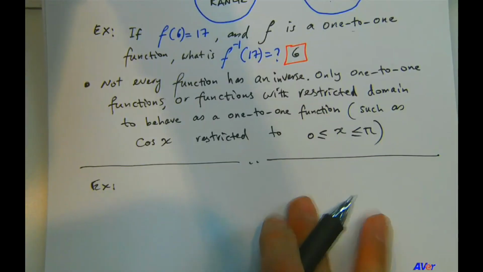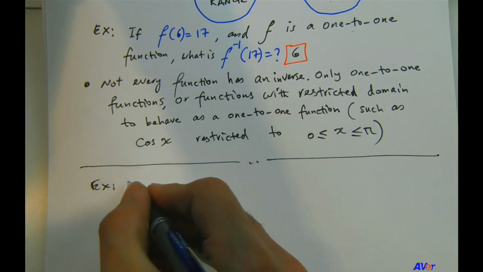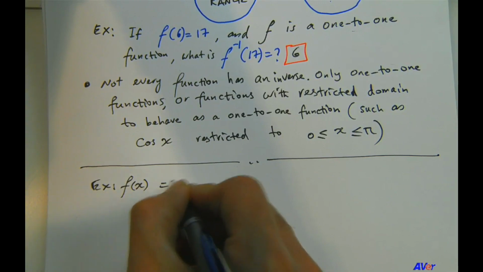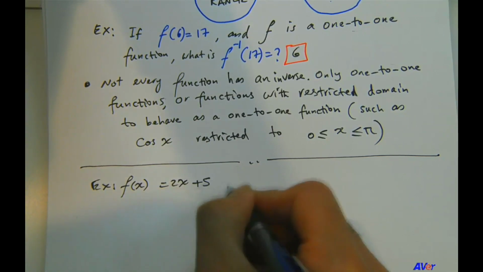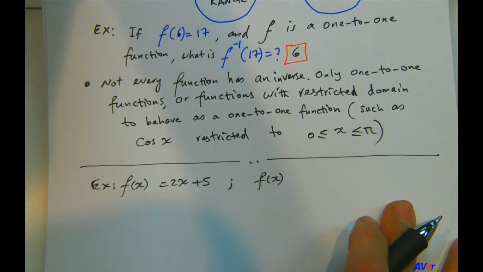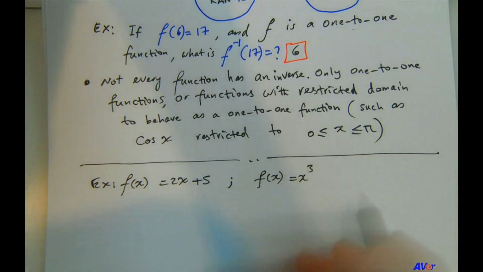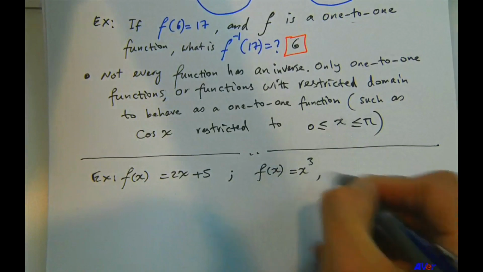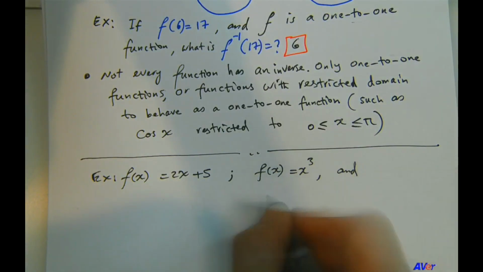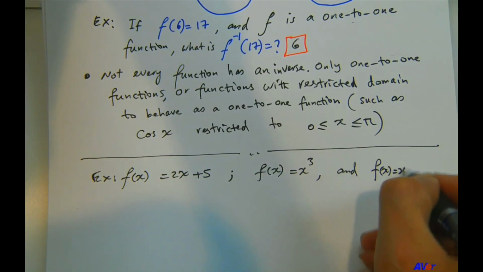Here are some basic examples. One is f of x equals 2x plus 5, and f of x equals x. These are examples of one-to-one functions. And f of x equals x squared.